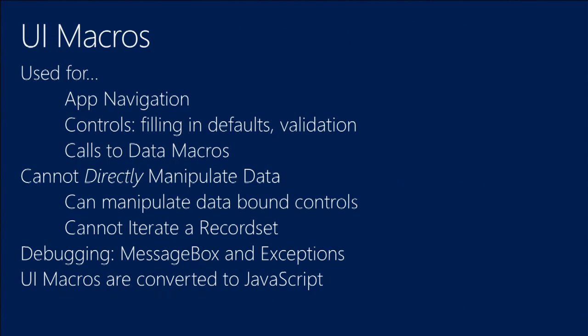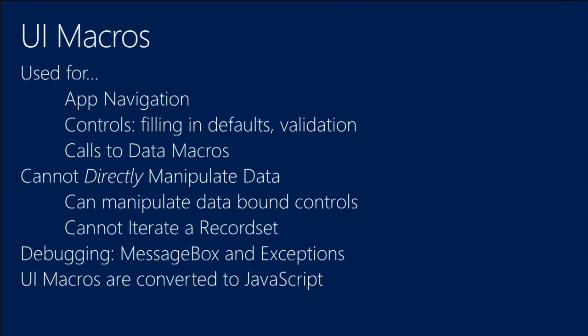You have a couple of options for debugging these macros as well. You can check the exceptions, and you can also use message box. Message box is one of the types of UI macros. It just pops up a basic message box built into the operating system. You could put that into your macro at various points if you want to see how it's progressing while you're building that macro.